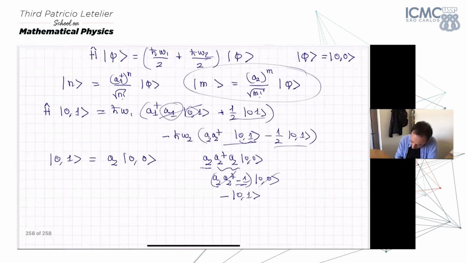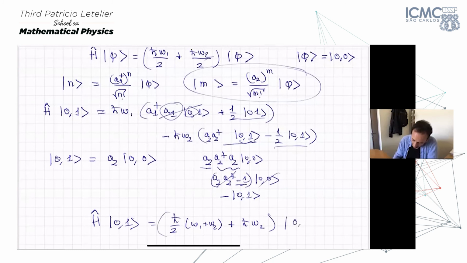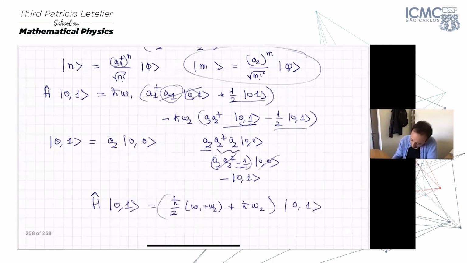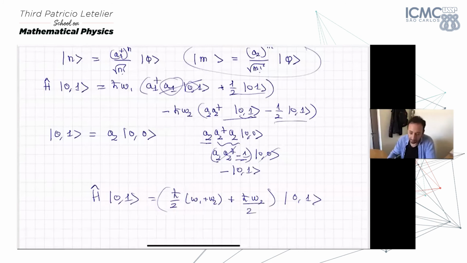So doing all these calculations, at the end, what you get is the vacuum, omega 1 plus omega 2, that was what we thought to have, plus H bar omega 2, everything multiplied by 0, 1. Maybe there is a factor half. Okay, so in fact the spectrum is positive definite, and you can continue like that.